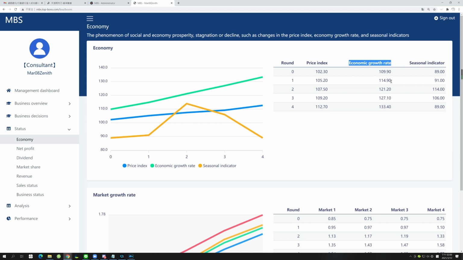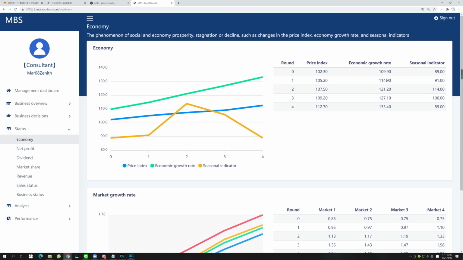So we shouldn't ignore the changes in these figures. There is a direct impact on the economic growth rate, where it shows the difference between quarters. For this round, the growth rate from quarter to quarter is about a 5% difference.